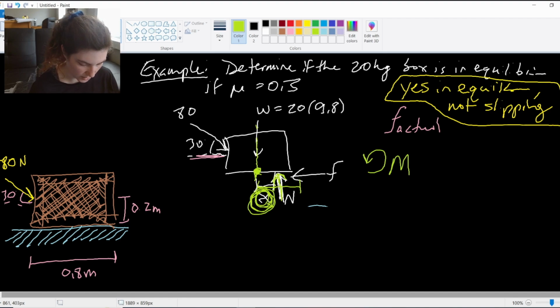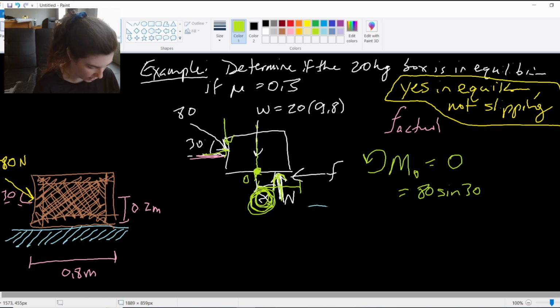If I take a moment, let's call this O. A moment about O equals 0. Go ahead and do my moment. I'm going to have my x and y components of this, and then my normal force. So that'll be my 80 sine 30 times its distance away.